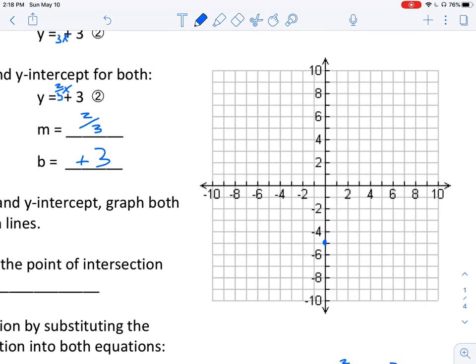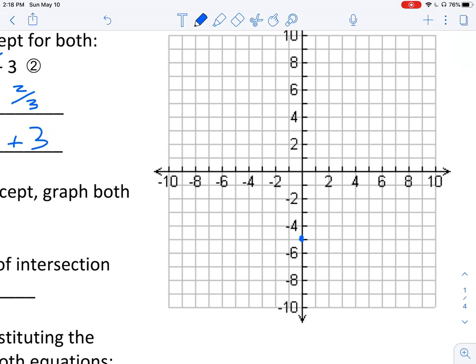So what that means, let's zoom in, I go down 2 units, over 1 unit. So my next point would be here, down 2, over 1. And I would continue this pattern in plotting these points.